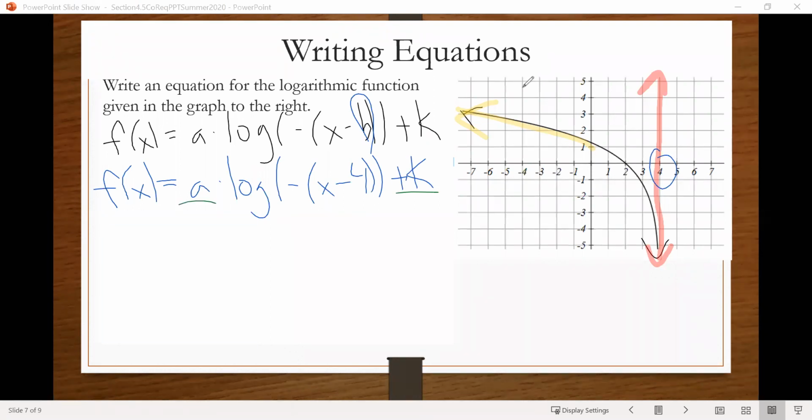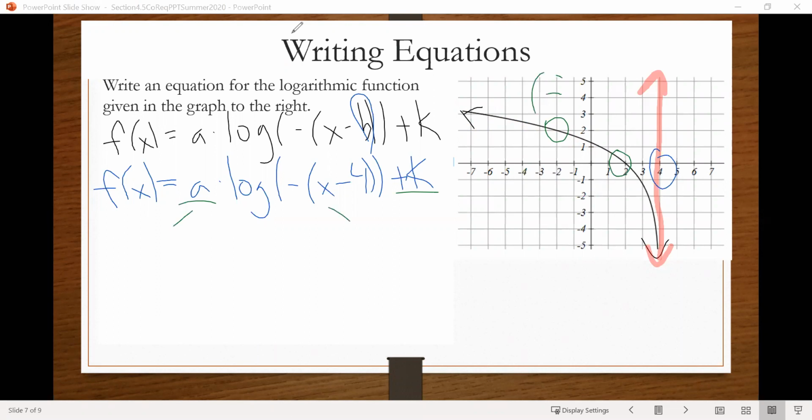Unfortunately, there's no simple way to do this, so what we're going to do is set up some equations. In order to do that, we first need to find some points on the graph that are fairly easy to read. Maybe this one here, negative 2, 2, and also 2, 0, look like ones we could use. So we'll plug both of those in.